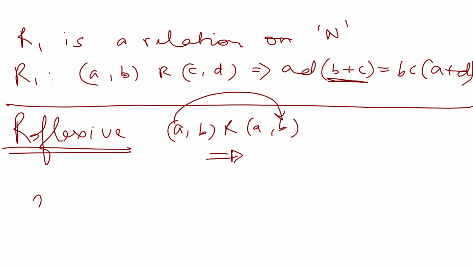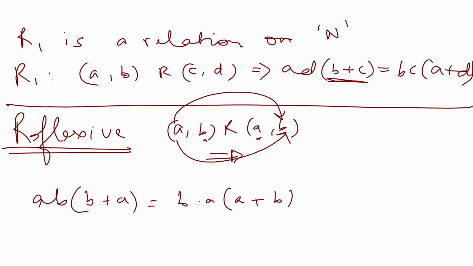Product of the extremes into sum of the means equal to product of the means into sum of the extremes. Is this statement mathematically true? A, B are natural numbers. Yes or no? So this is right. Therefore, it is reflexive.